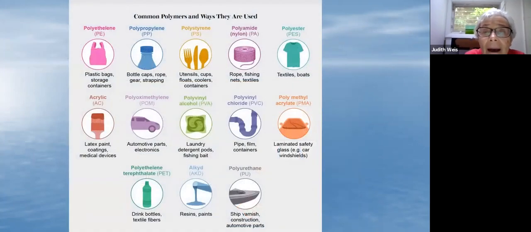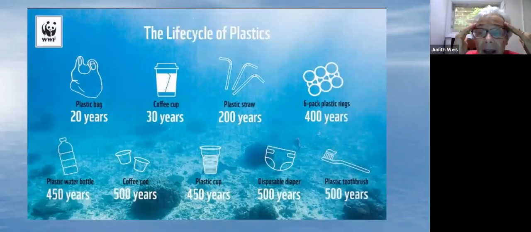Here are some common polymers that are used for different things. Polyethylene is for plastic bags. Polypropylene is in bottle caps and fishing ropes and so forth. Polystyrene is in plastic utensils, and on and on. Different ones for different uses. These different kinds of plastic and different products made from them have a long life cycle.